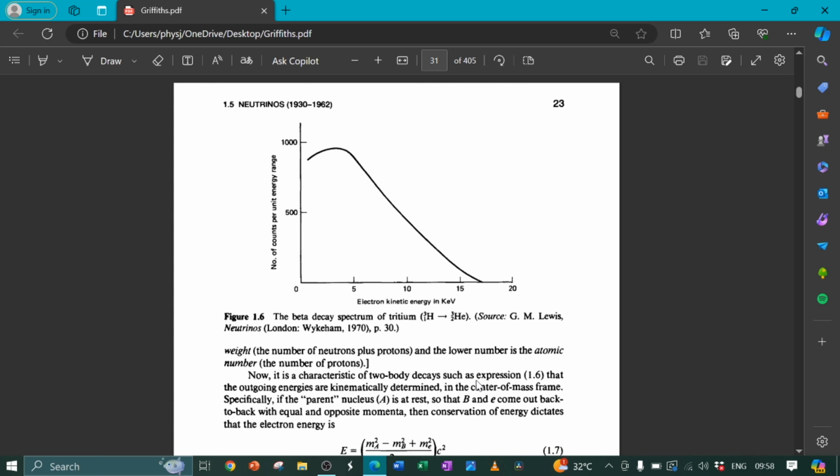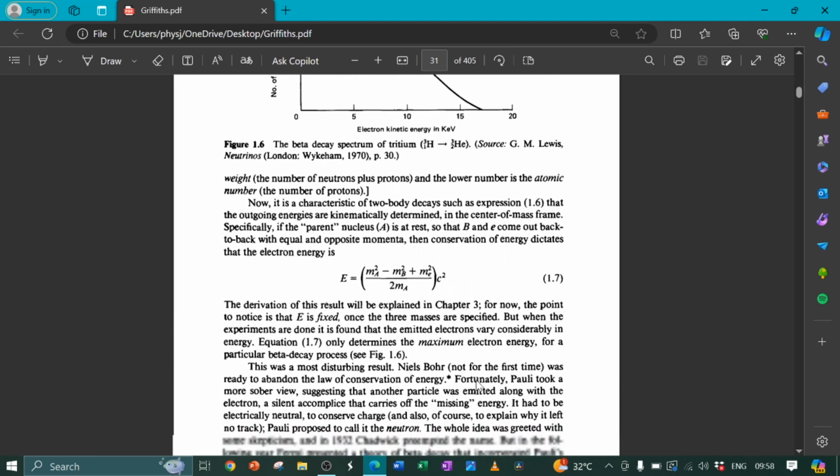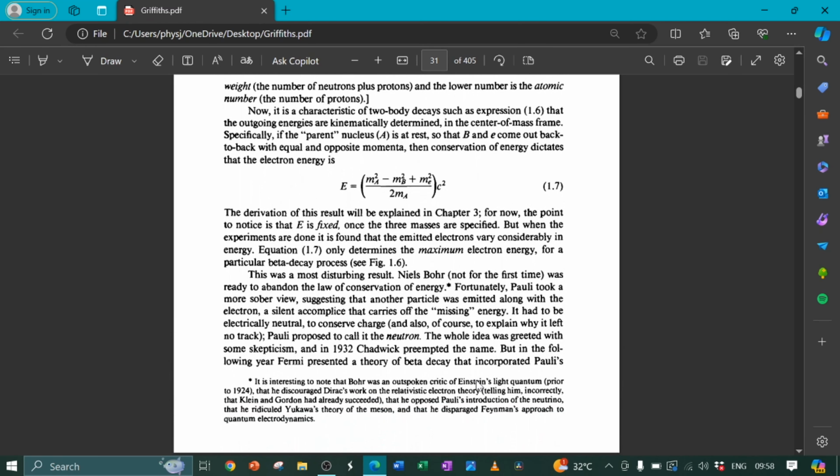Tritium to helium. Source: G.M. Lewis, Neutrinos, London, Wykeham, 1970, page 30. This was a most disturbing result. Niels Bohr, not for the first time, was ready to abandon the law of conservation of energy.